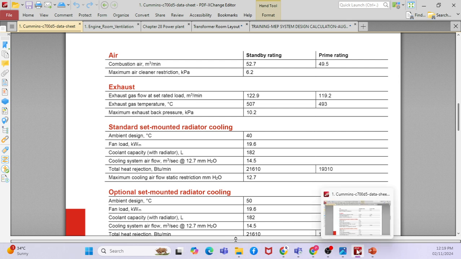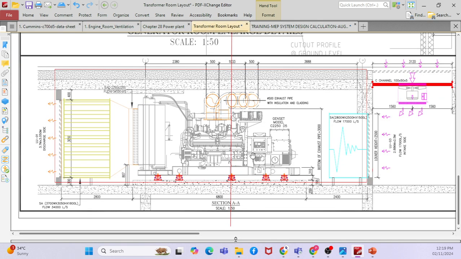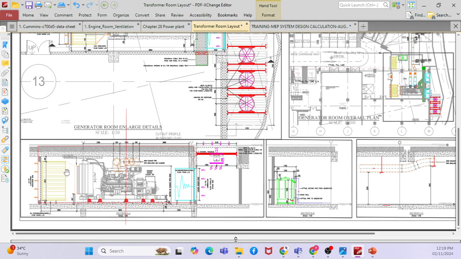Now, say for example, there is an external office area where you need the generator to be within an enclosed space. What is the minimum requirement? You have to provide a louver for the intake, and for the discharge you have to provide a louver again, right?